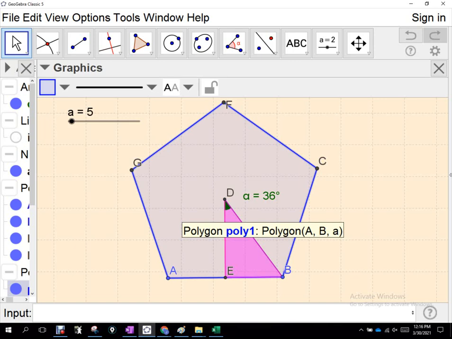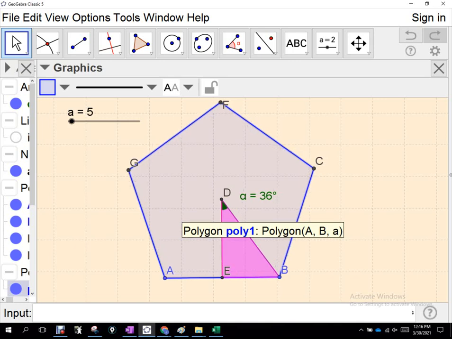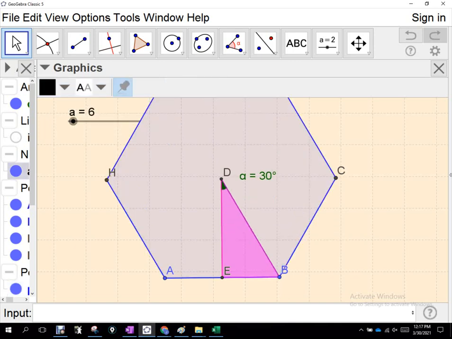SOHCAHTOA, okay? So right now, I think maybe it might make sense to say, okay, if n is 3 or n is 4, and n being the number of sides, you're probably going to use special right triangles, okay? When n is 5, you're not. When I go to n being 6, do I use special right triangles?